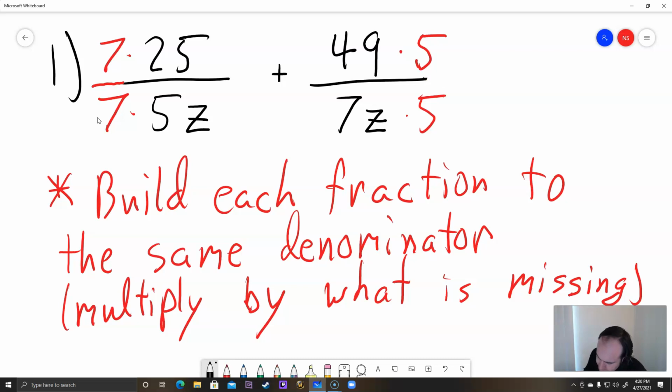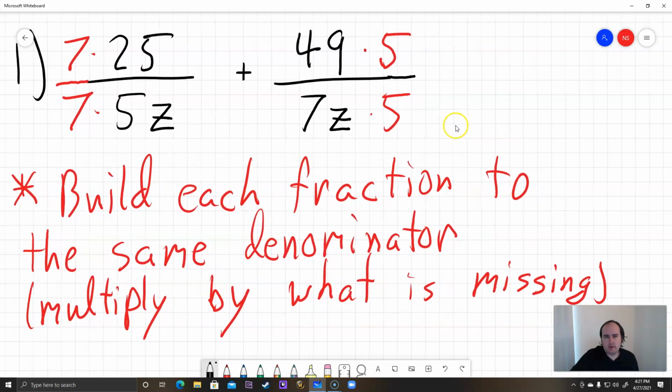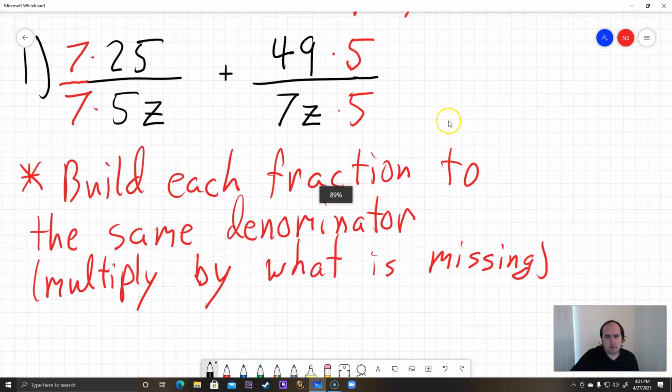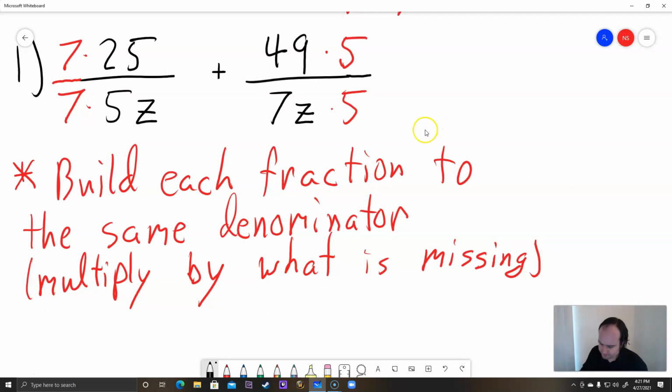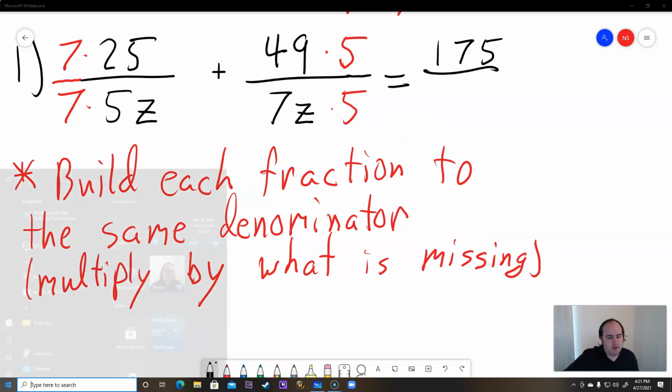And then you might want to use a calculator here, or you can just write it out by hand. But 7 times 25 is 175. Once again, you can just type it into your calculator if you don't believe me.